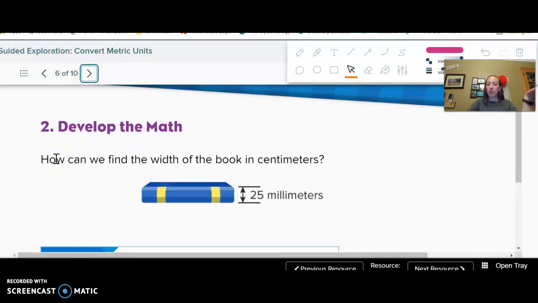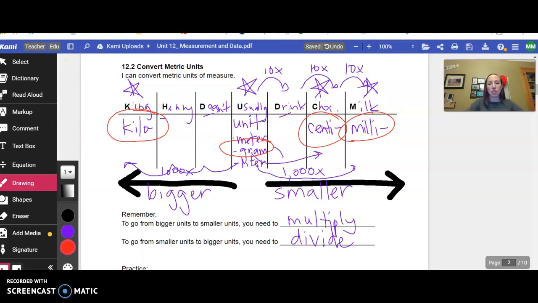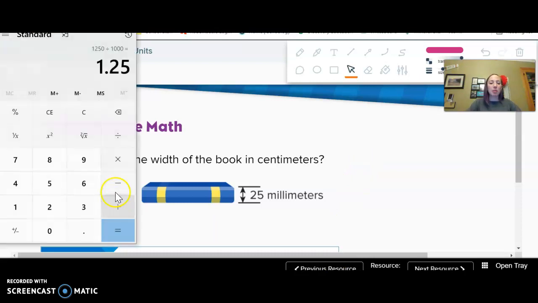So 25 millimeters, what is that in centimeters? Well, if I go over here, millimeters to centimeters are just right next to each other, so that's just 10 times different. And I'm going from millimeters, which are smaller, to centimeters, which are bigger. So again, I need to divide just like last time, but this time I'm only dividing by 10.